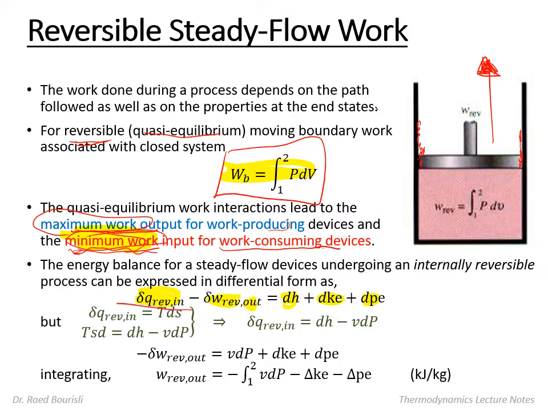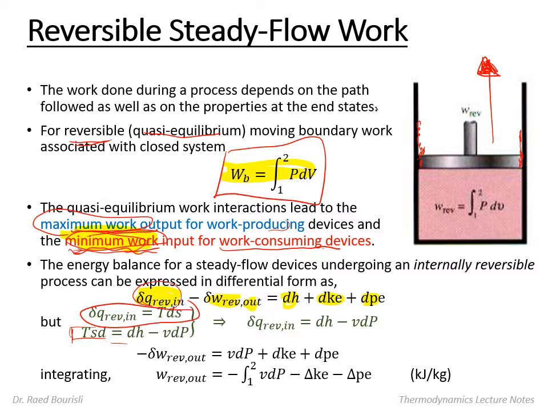It's the definition of the entropy. So this reversible dQ is nothing but TdS. And TdS from the second TdS relation is equal to dH minus VdP.